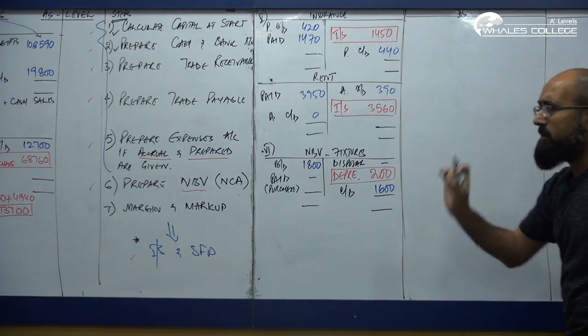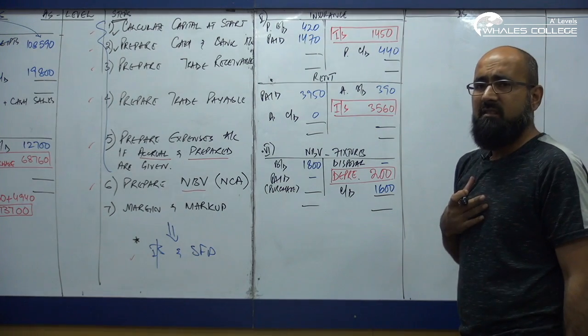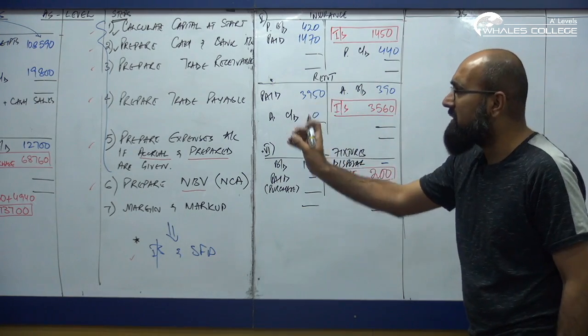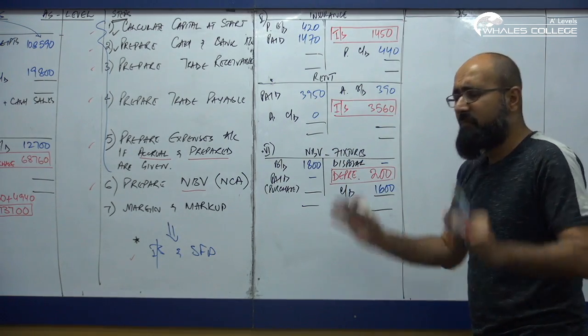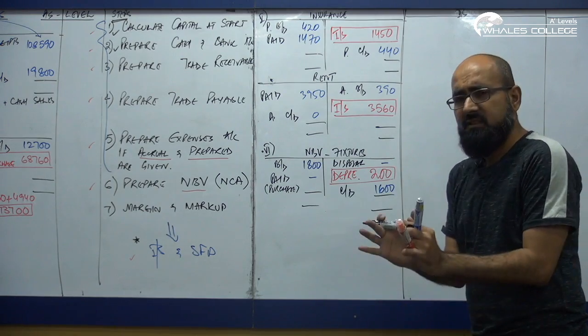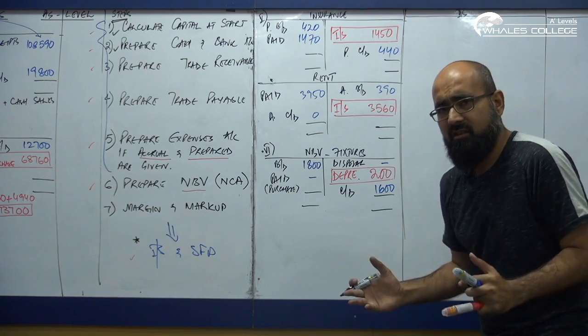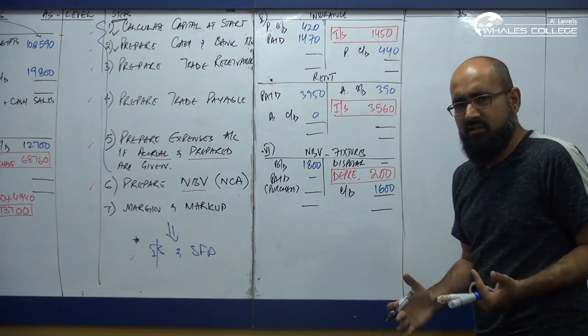But my main purpose is to show that the missing figures are not a big deal. Everybody gets confused in this topic because of the messy information. The information is not very structured. The question is not structured.